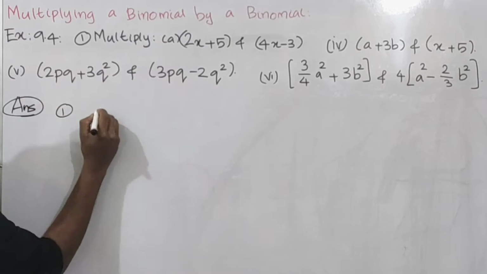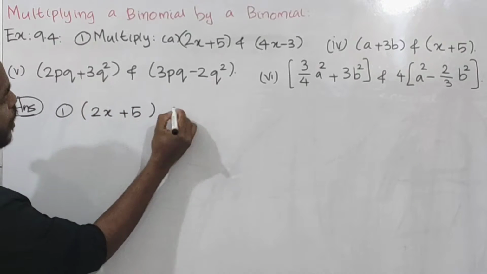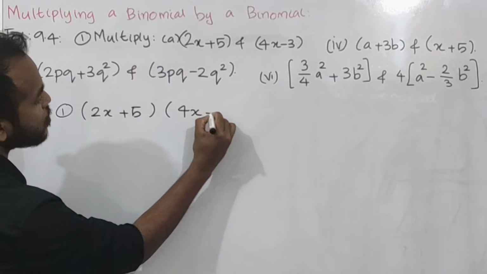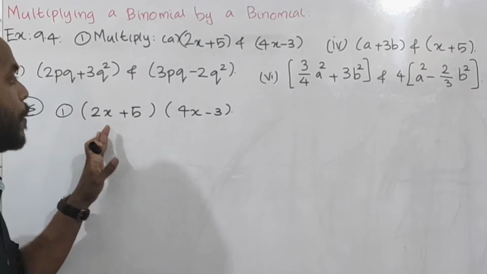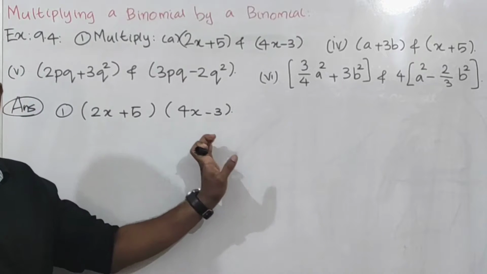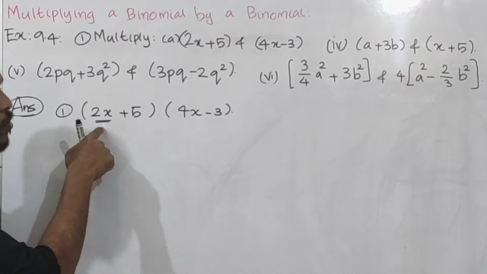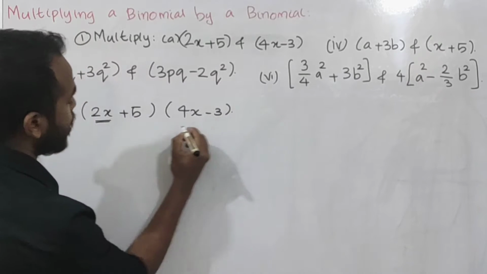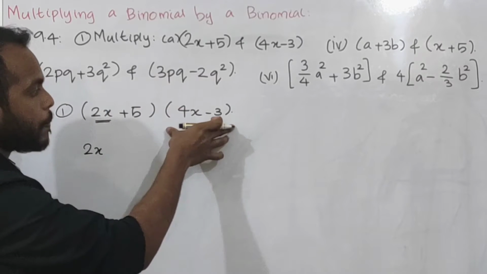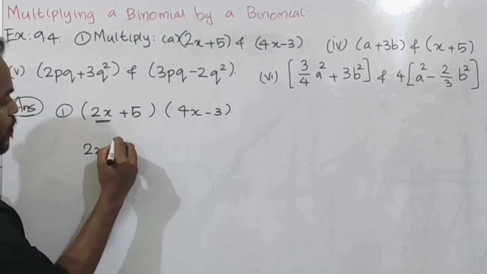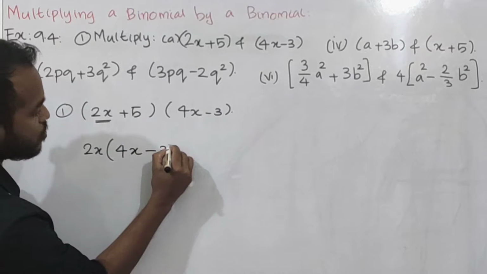First step is to write 2x plus 5 into 4x minus 3. To multiply these two terms, first take the first element in the first bracket. Who is that? 2x. So we write here 2x, and multiply it by the second bracket completely. What's the second bracket? It is 4x minus 3.